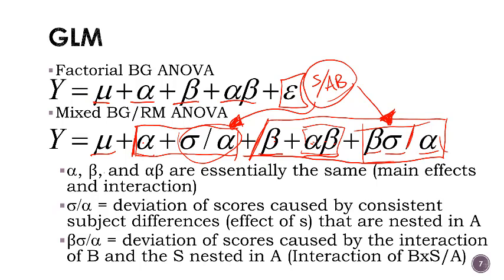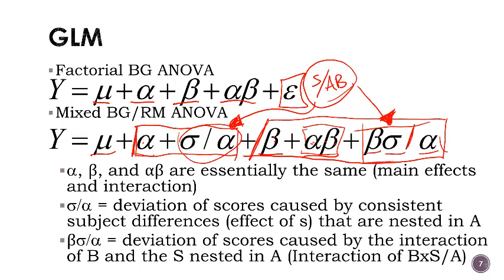They're all main effects. S with an alpha is a deviation of scores caused by consistent subject differences, effects of the S that are nested within A. Before, we only had one set of S's. Now with those sets of S's, we can still get consistent scoring, but we have to look at how those subjects score consistently in the between groups, like A1 and A2 and A3, separately, and average across them.